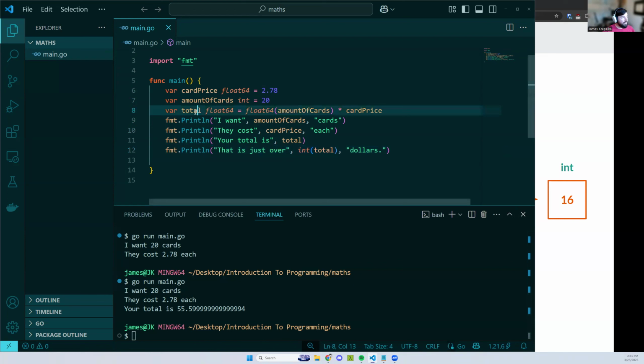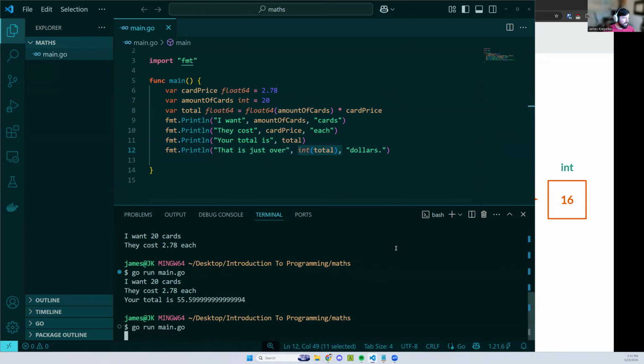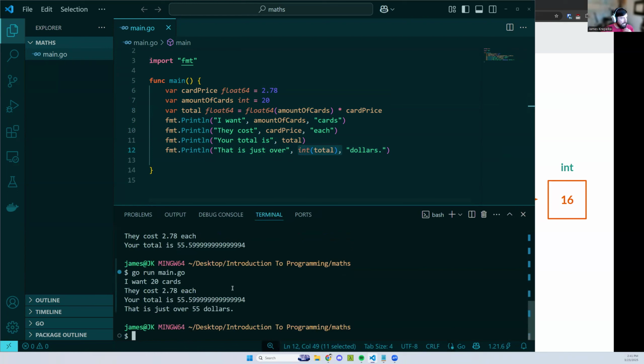I can then take the float variables and turn them into integers momentarily. I can say I want 20 cards at 2.78 each. They cost a total of 55.6, which is just over $55. And that's because I turned my 55.6 into an integer. The integer lost the decimal point at the end, but it just did it temporarily for this line.